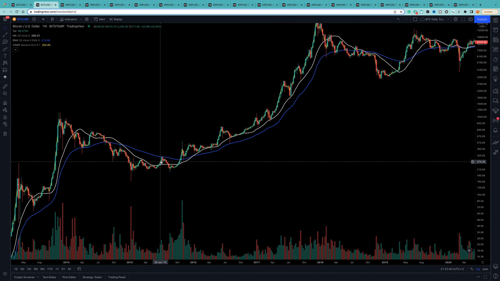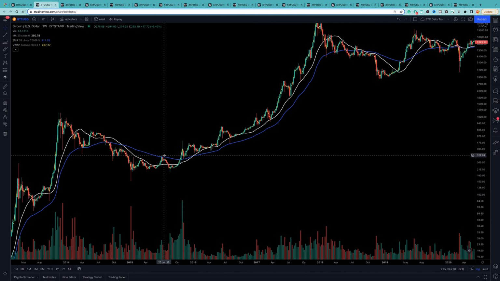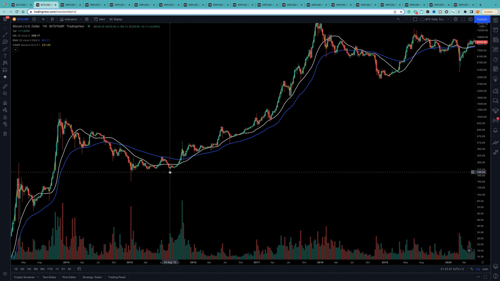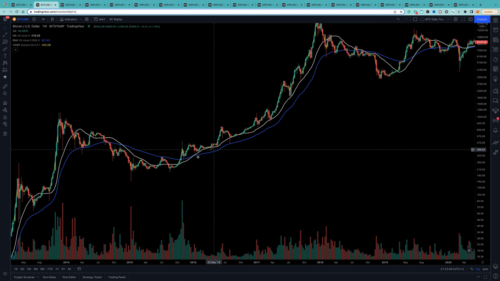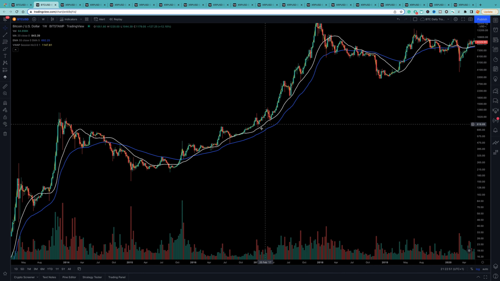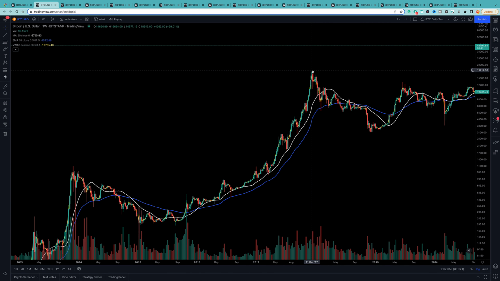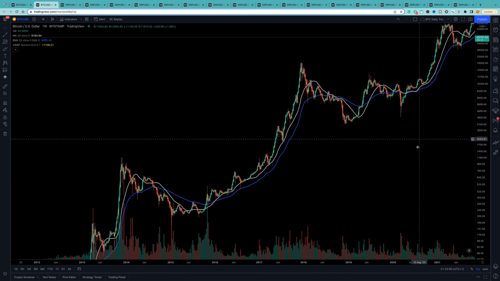Okay, and then look at when it crosses over again, you could nearly say is from here is, look, there's that last lift. You get a drop, and then up it comes, and then from here it continues up. So now look at the crossover here, and then again, look, here's that parabolic run for the peak of 2017.